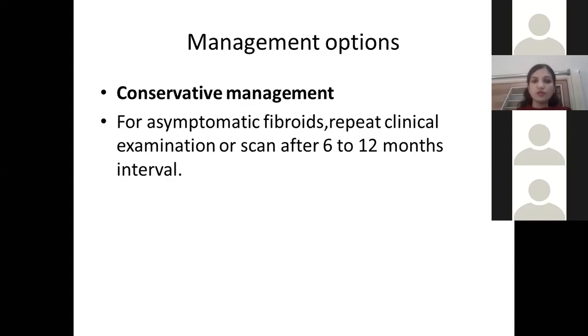You can repeat their clinical examination, or advise a scan after 3 months, 6 months, or 12 months accordingly. In those follow-up scans, if the size of the fibroid is increasing, causing problems to the patient, or if some other problem occurs, then you can give them other management options.